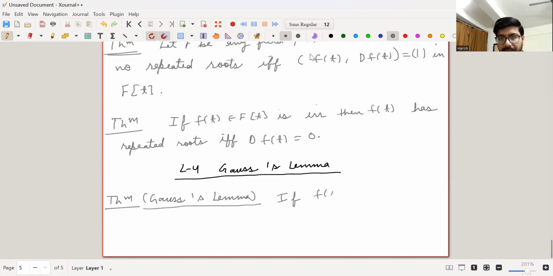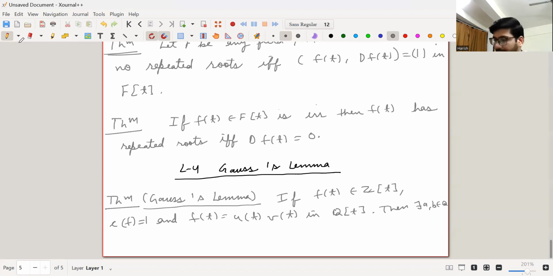So if f(t) belongs to Z[t] and the content of f is equal to 1, and this content I will explain, and f(t) is equal to u(t) times v(t) in Q[t], meaning you can factorize it inside Q[t], then there exist some rationals a and b such that f(t) is equal to a u(t) times b v(t), where a u(t) and b v(t) belong to Z[t].